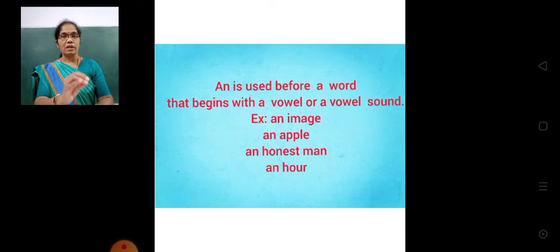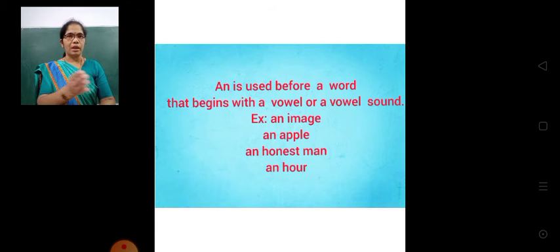What is the first letter of the given word? Image, I-M-A-G-E. The first letter is I, and we know that I is a vowel, and before a vowel sound or a vowel letter we have to use the article an.